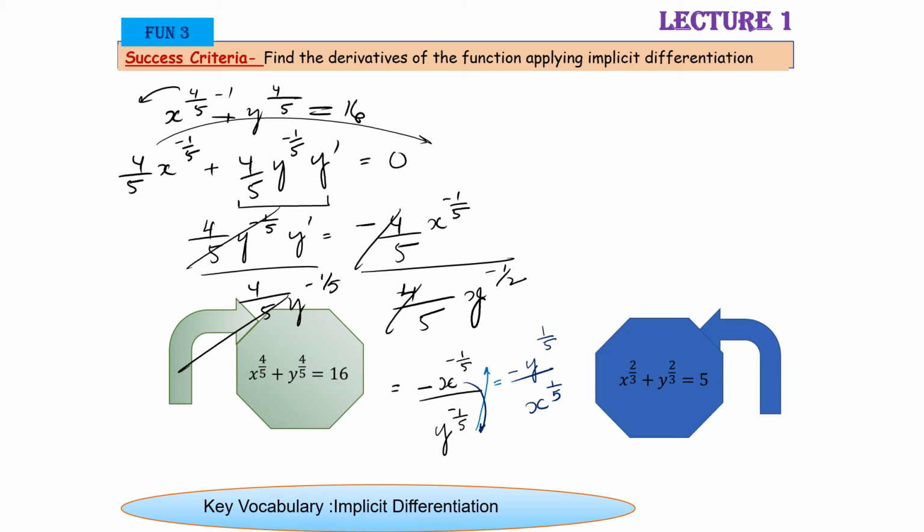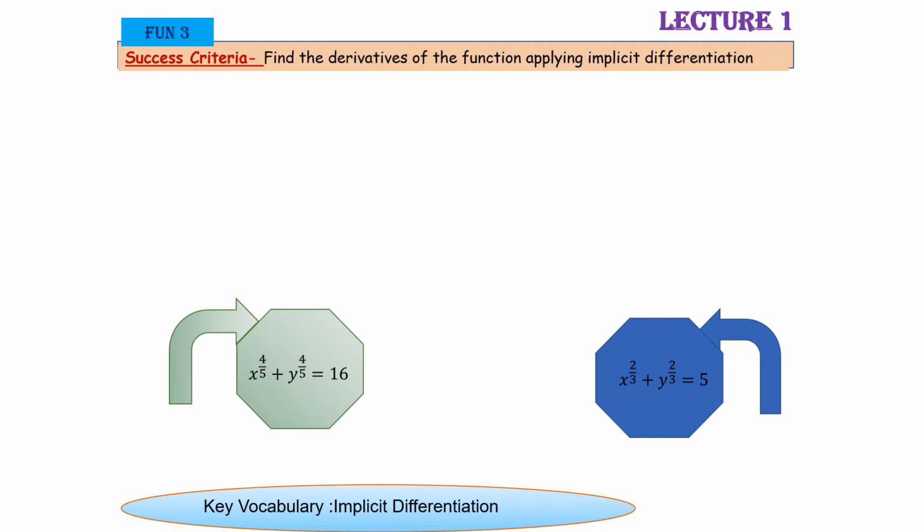Using the same concept, let's solve the other question. That is x to the power 2 over 3 plus y to the power 2 over 3 equals 5. So bring the 2 by 3 in front, write the x with the power minus 1, you will get negative 1 over 3.